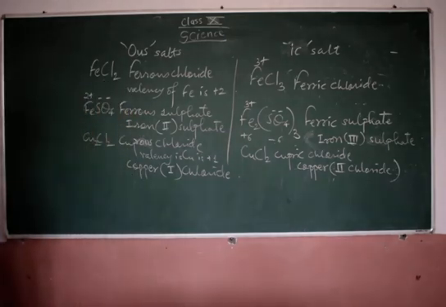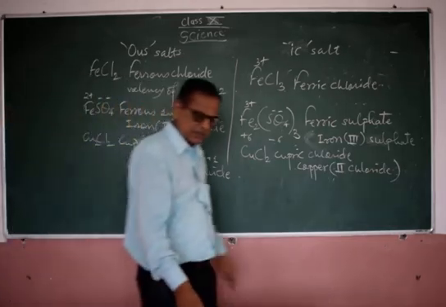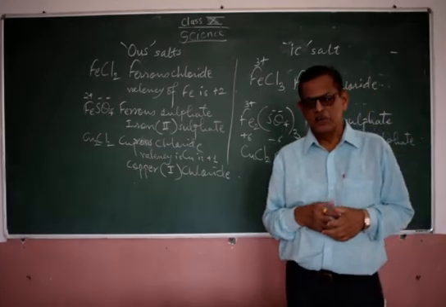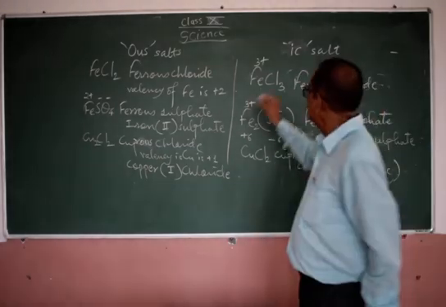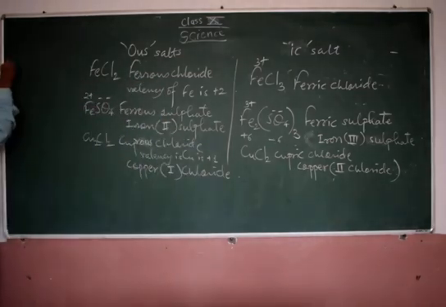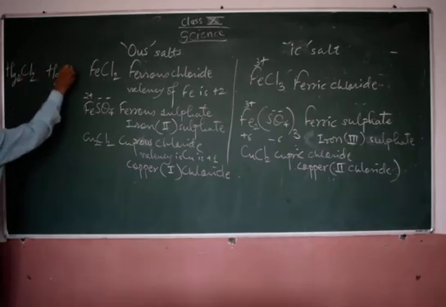So we can write a number of examples. Now for example, mercurous chloride, having formula Hg2Cl2, and mercuric chloride HgCl2.